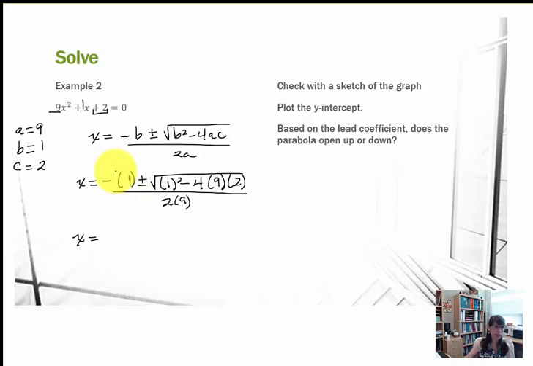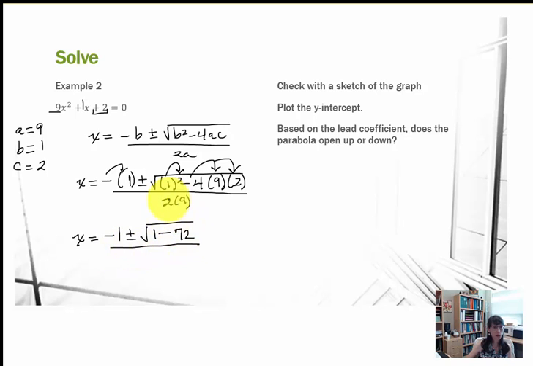When we simplify, negative times 1 is negative 1, plus or minus. Under our radical, we have the quantity of 1 squared, that's 1, and our three factors, negative 4 times 9 times 2. Negative times positive times positive, so we will be subtracting. 4 times 9 is 36, and 36 times 2 is 72.